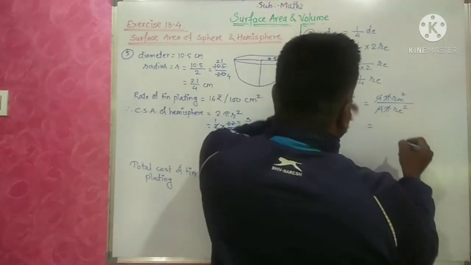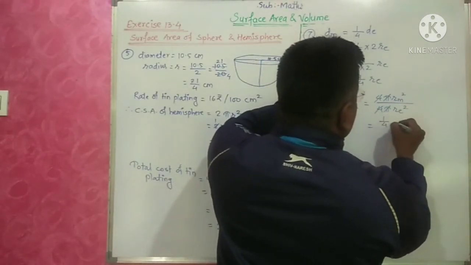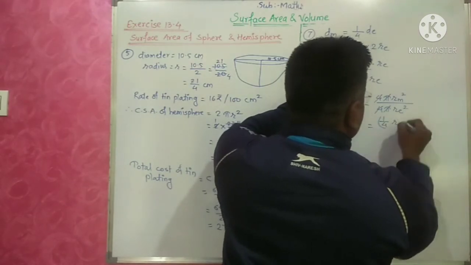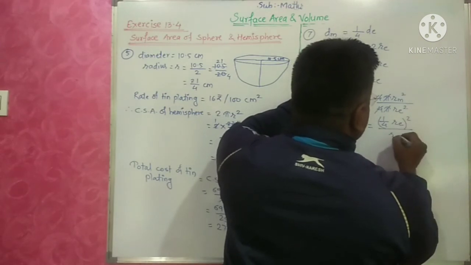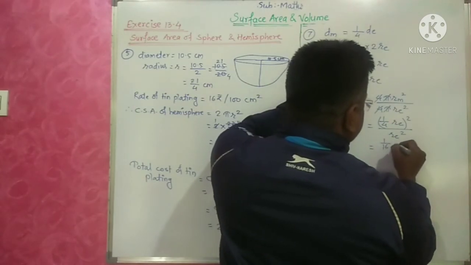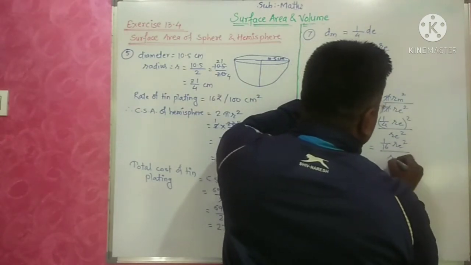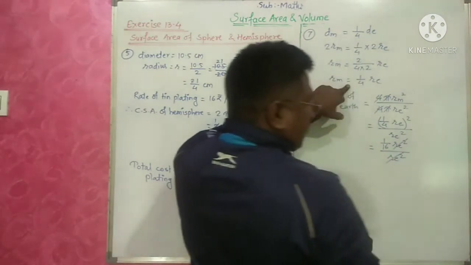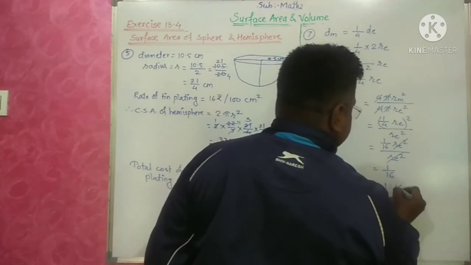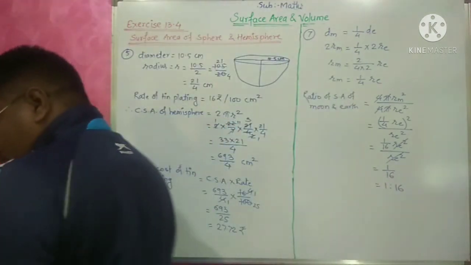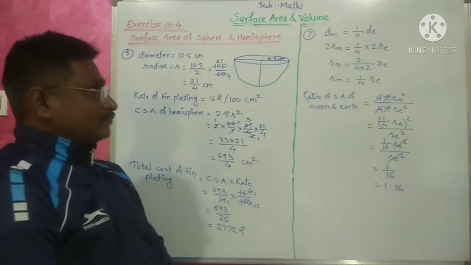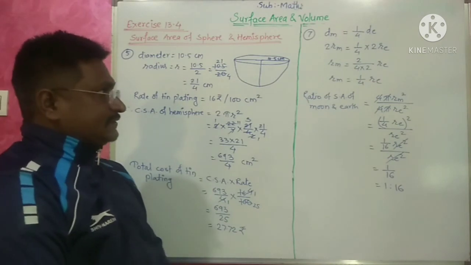So rm is 1/4 re, squared, and re square. So we get 1/16 re square by re square. Re square cancels. So what is the ratio? 1:16. What is the ratio of their surface areas? 1:16. So hope you understand this, student.